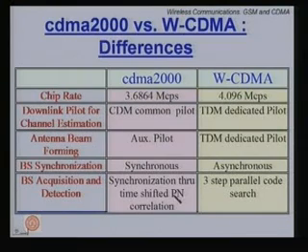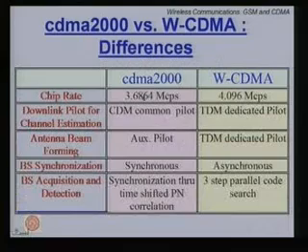In CDMA 2000, we have synchronous, whereas in WCDMA it is asynchronous mode of synchronization. Acquisition and detection of the base station, here the synchronization is through time shifted PN sequence, whereas in WCDMA you have an elaborate 3-step parallel code search method. So, these are some differences which come out between CDMA 2000 and WCDMA.